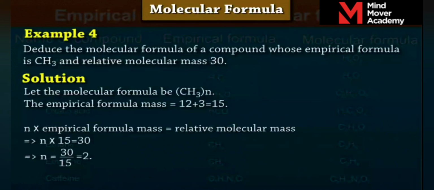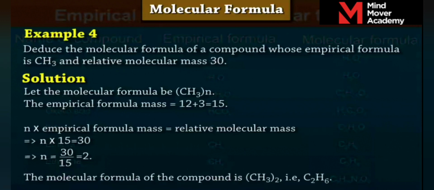We know that N times empirical formula mass is equal to relative molecular mass. This implies N times 15 is equal to 30. This implies N is equal to 30 by 15, which is equal to 2. Therefore, the molecular formula of the compound is CH3 whole twice, that is C2H6.